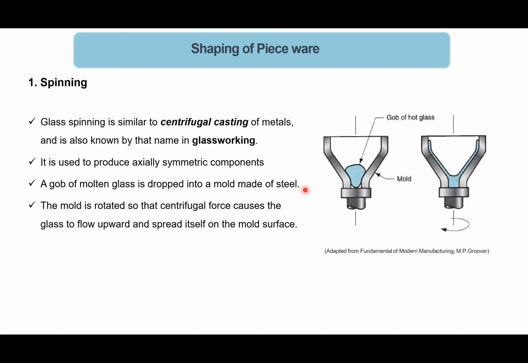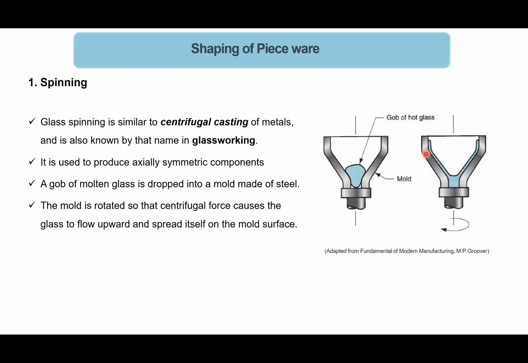In this process, you put a hot gob of glass in a steel mold, and then you rotate the mold. Due to the action of the centrifugal force, this molten glass will be distributed evenly around the shape of the mold.